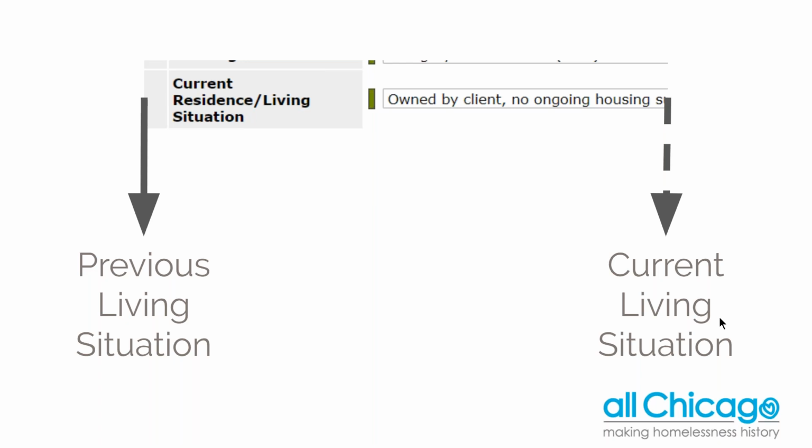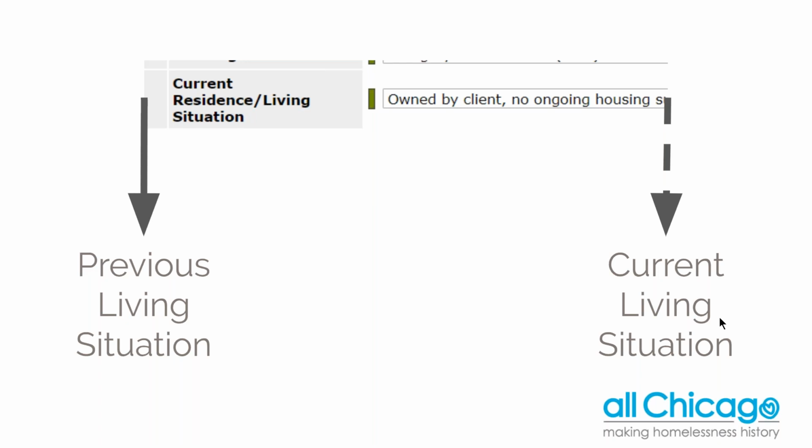So the current living situation, if they're enrolling in your actual project, is going to be wherever they are in that moment. Now, another scenario: if you're a PSH project, when you enroll a client, you're not necessarily going to house them immediately. So let's say your client the night before was staying in an emergency shelter. You'd answer emergency shelter for previous living situation. And for current living situation, it's also probably going to be emergency shelter since you're working to actually house that client.